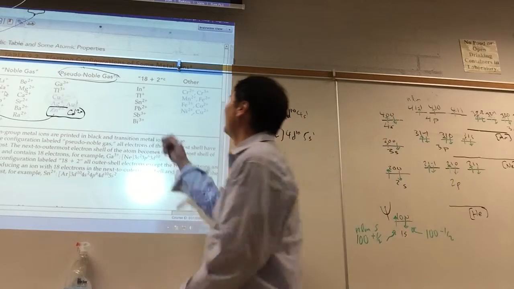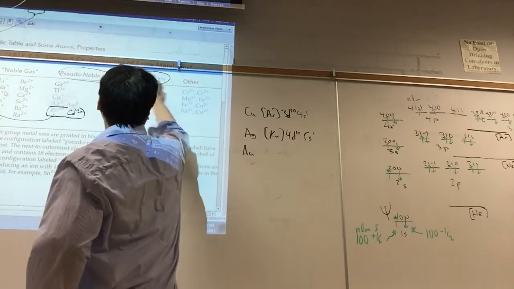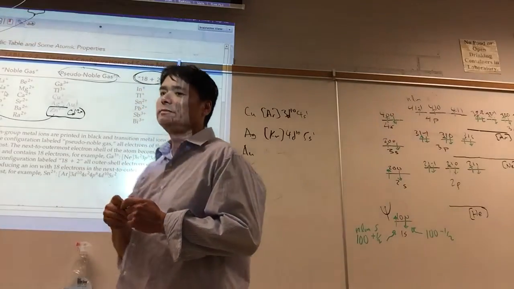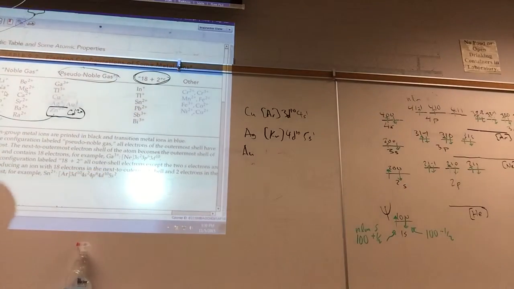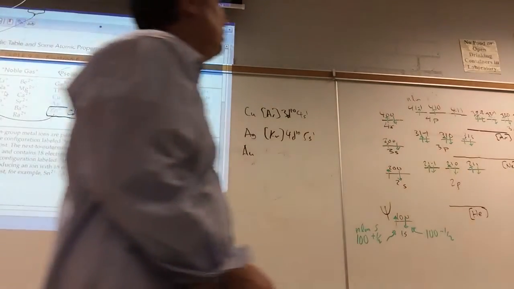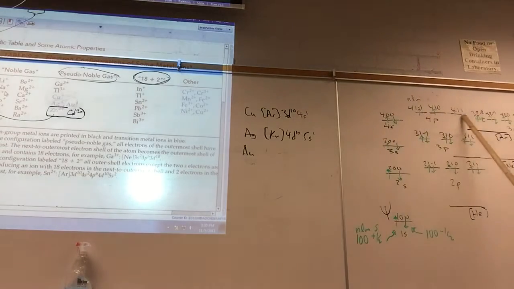And then we have something called the 18+2. What is 18+2? Well, where does the 18 come from? That comes from argon, here. And so we have the 18+2 block. The 18+2 block are the 4 p's, here.